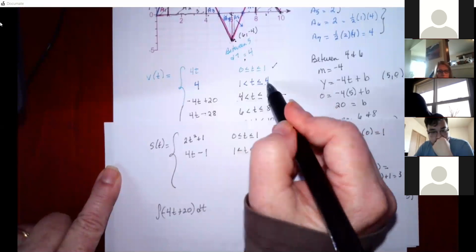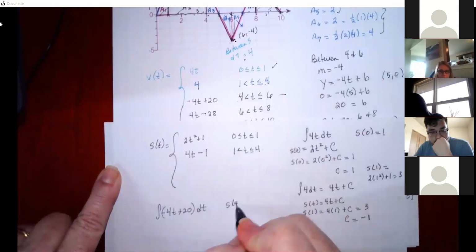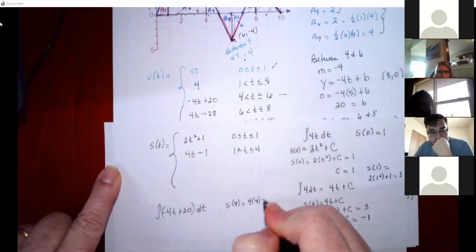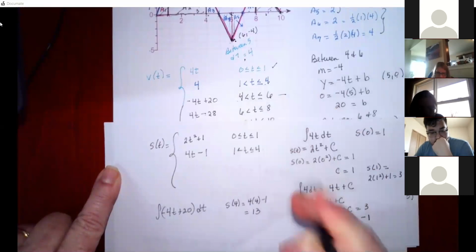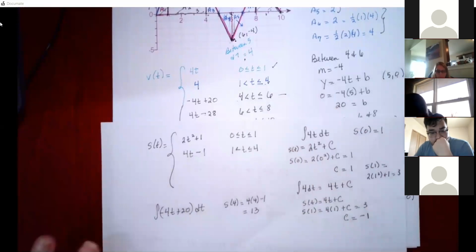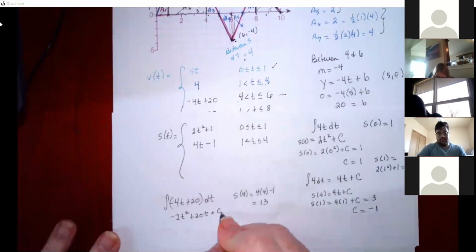So we're going to evaluate this second position function at 4, and we'll use that value to find the constant for our position function. If we integrate this, we get negative 2t squared plus 20t plus a constant.